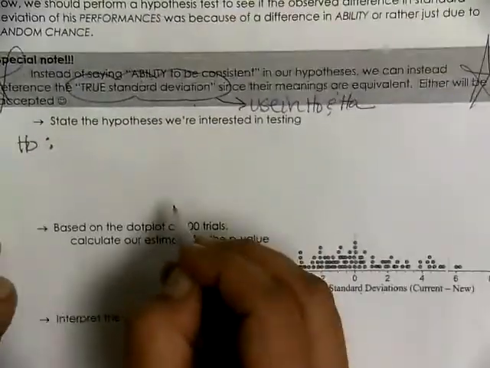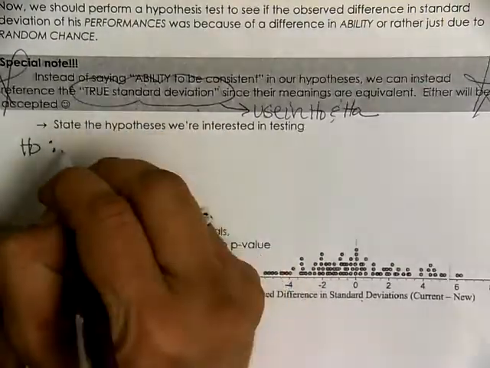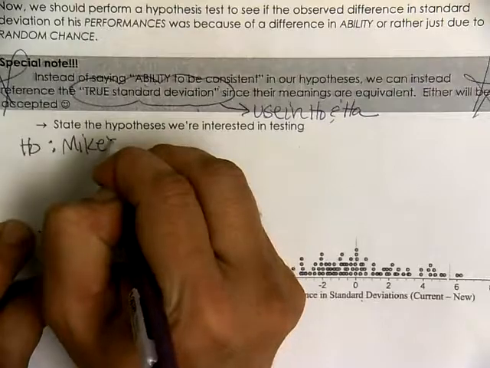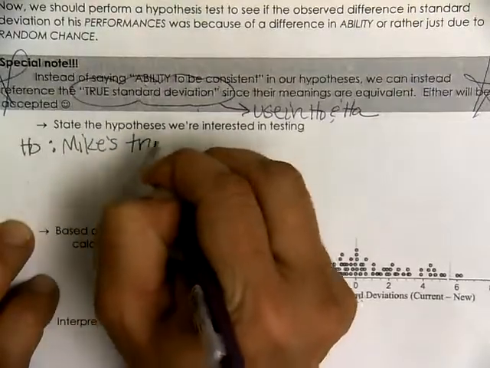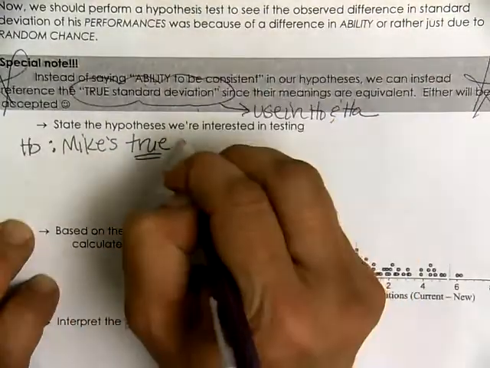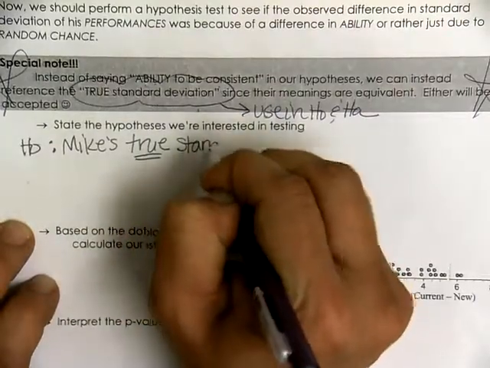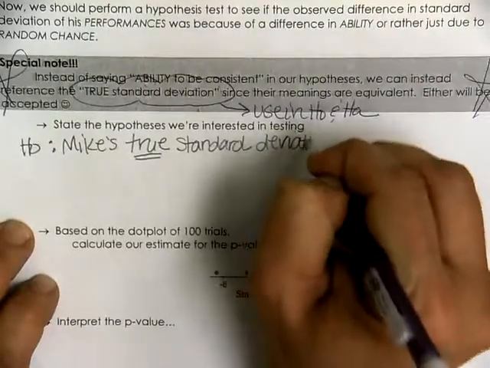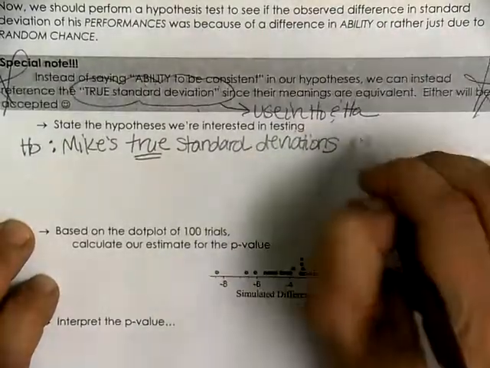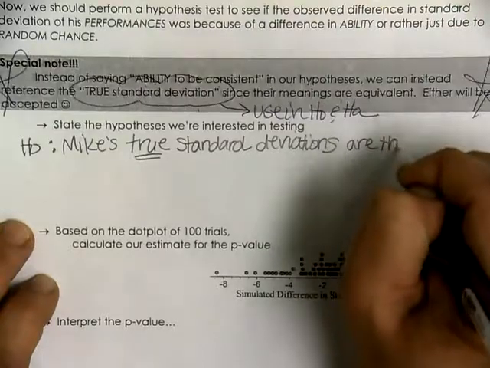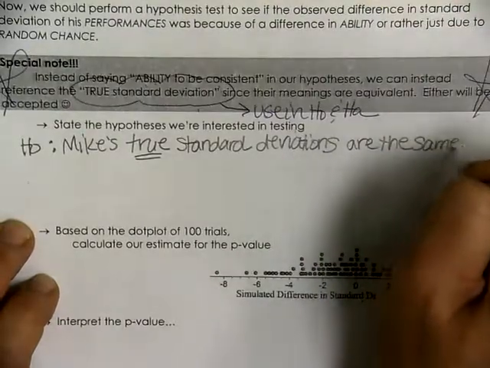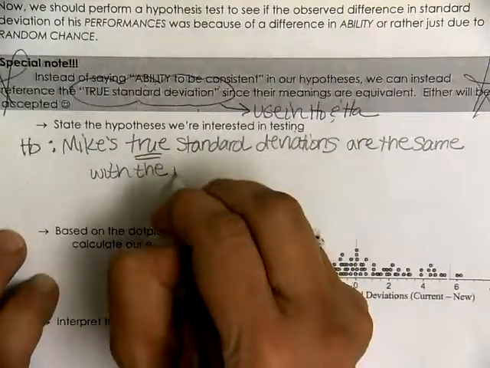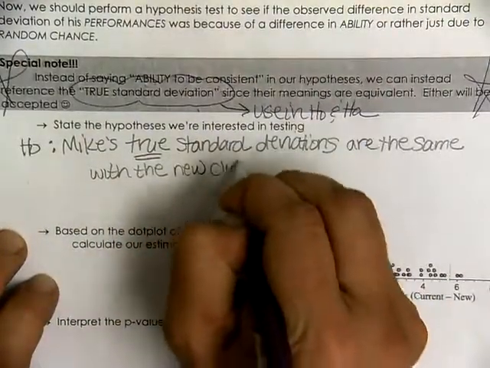Our null hypothesis would be that Mike's true standard deviation are the same with the new club and the current club.